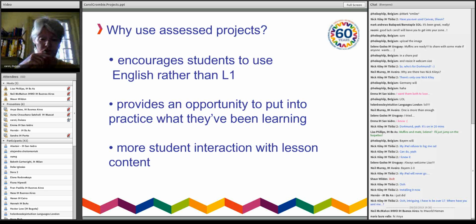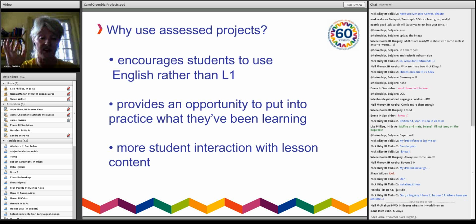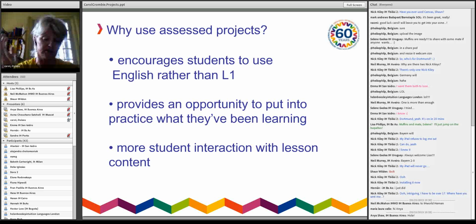We also chose projects in addition to more traditional methods of assessment because we wanted to do something that would get students actually using the language that they've been learning. So our projects are all linked to the typical coursebook topics. You could possibly predict a few. I'm about to show you some of the topics we've got, but you could take a guess at some of the likely candidates.